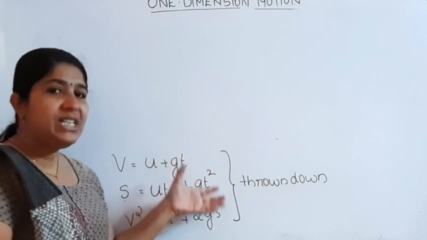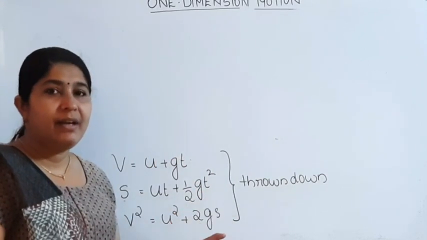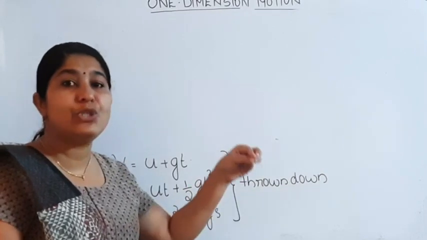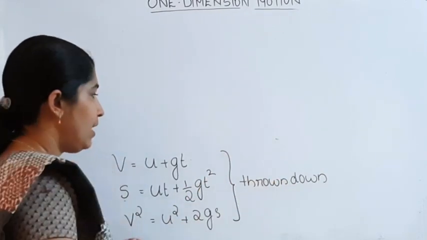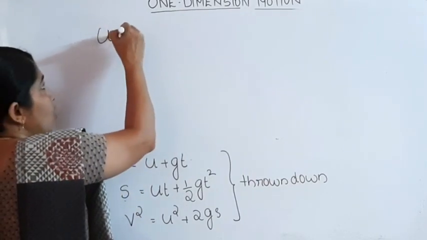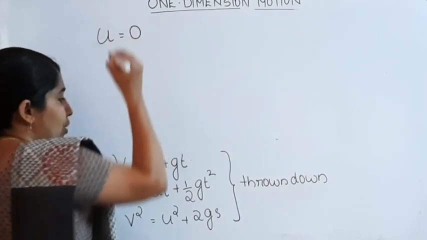From these equations, what about the equations for a body dropped from a certain height? When the body is dropped from a certain height, the initial velocity U is taken as 0.